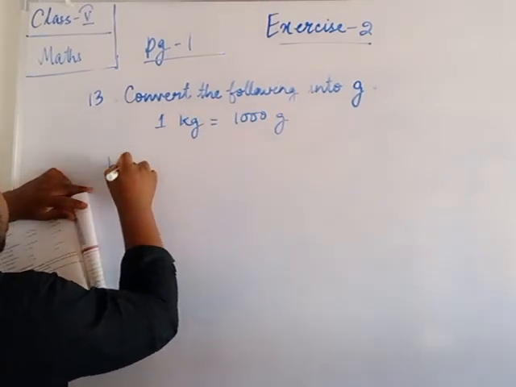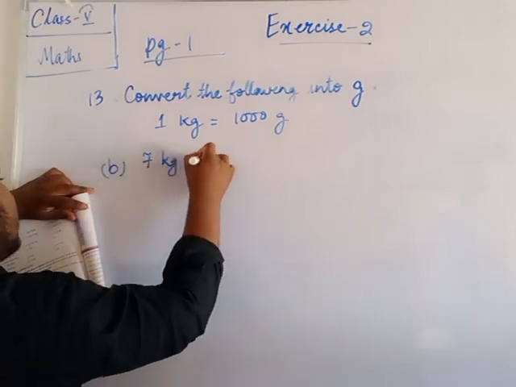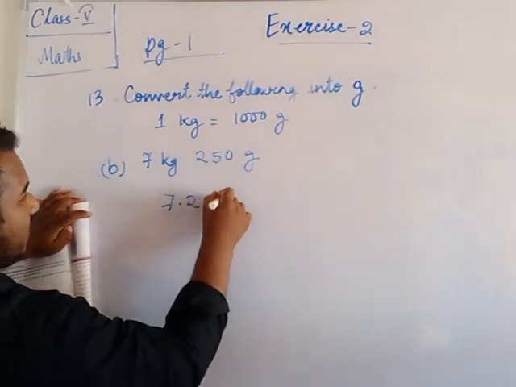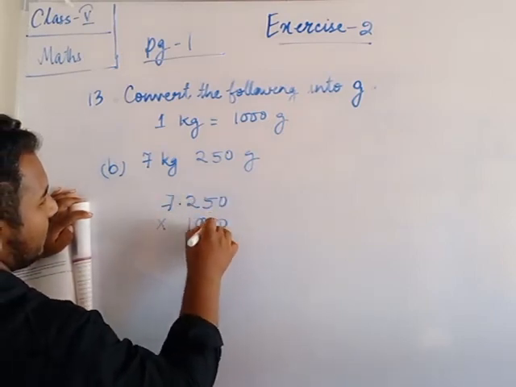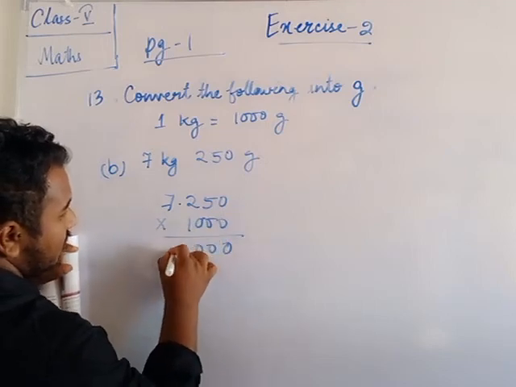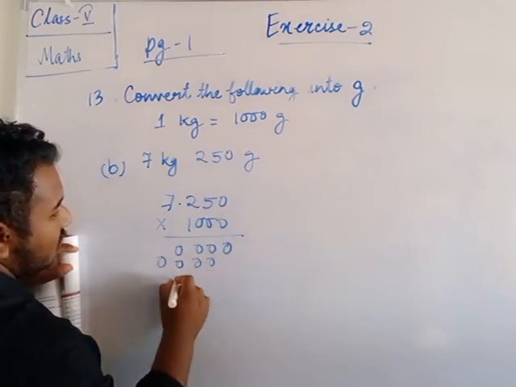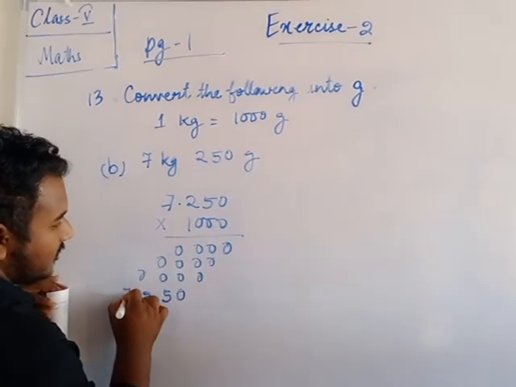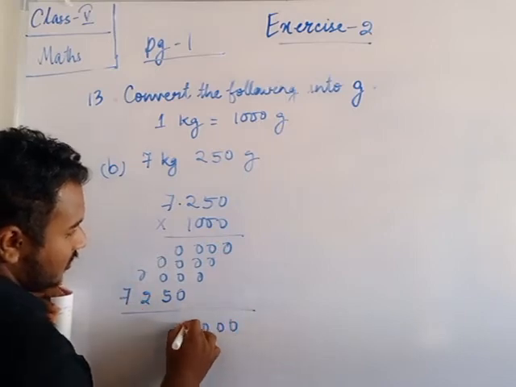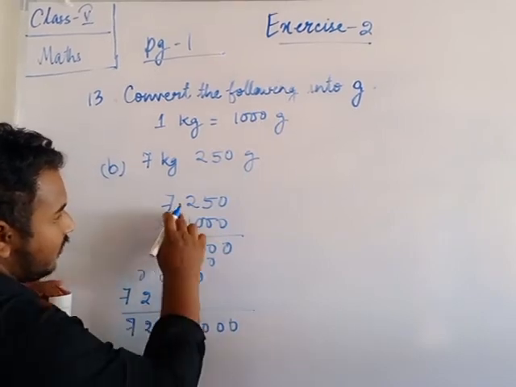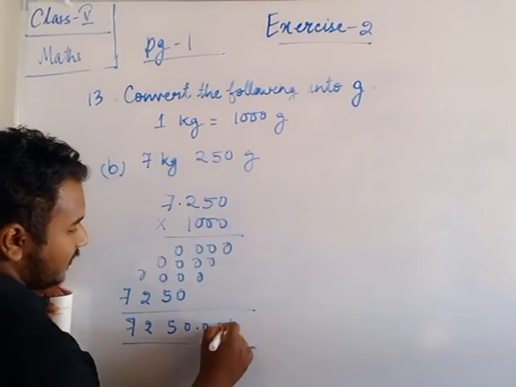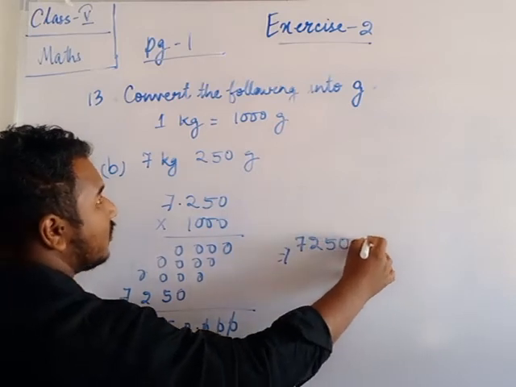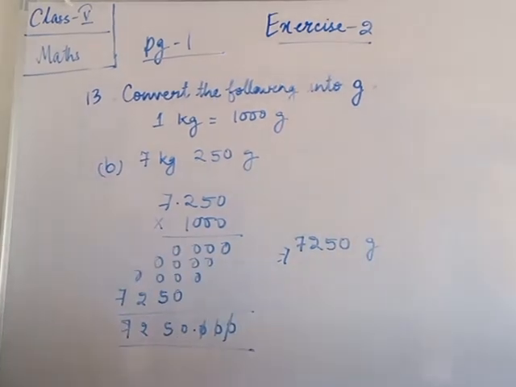So look, question number B. 7 kg 250 gram. So you will write here 7.250 into 1000. Multiply 0 0 0 0 0 0 0 0 0 0 0 0. 3 zeros are completed. Now 0 5 2 7. 3 digits, 1 2 3 digits. Answer is now 7250 gram. This is your answer.